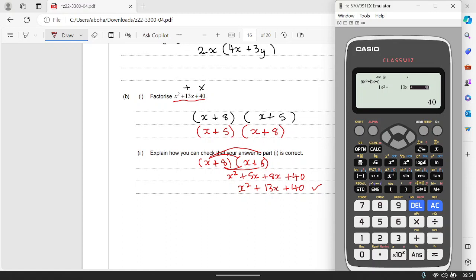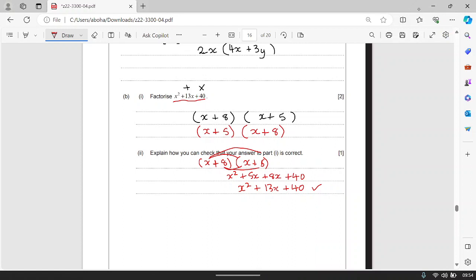The answer on your calculator will always be the opposite, minus 5. So you will put x plus 5 in your bracket, and x plus 8 in your other bracket. Put times and a plus on top of them, and then the calculator will do the rest for you, okay?